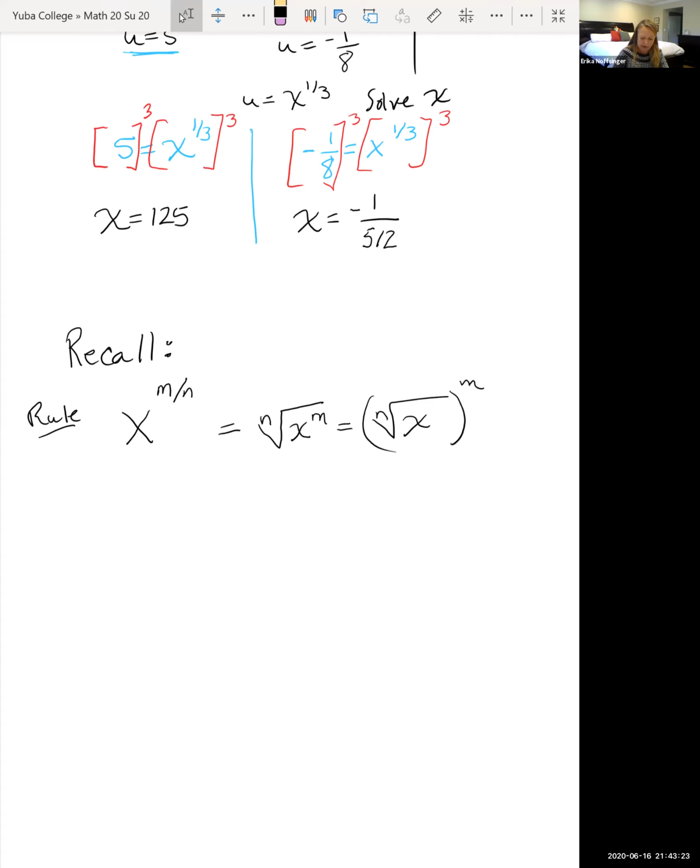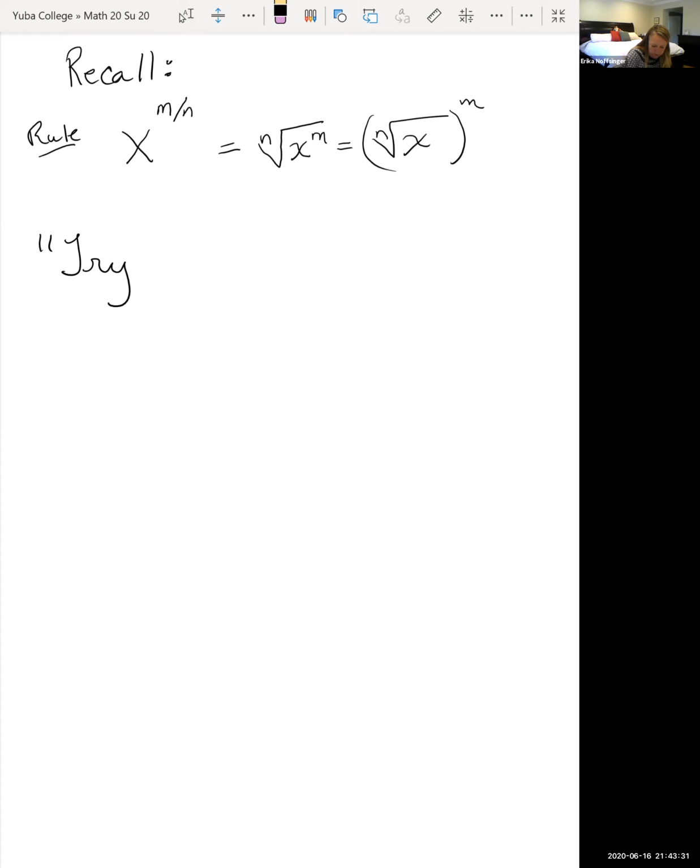Okay, so let's have you guys try it. Let's say you had x plus 6 inside parentheses, that quantity squared, plus 3 all times x plus 6 in parentheses, and then plus 2 equals 0.